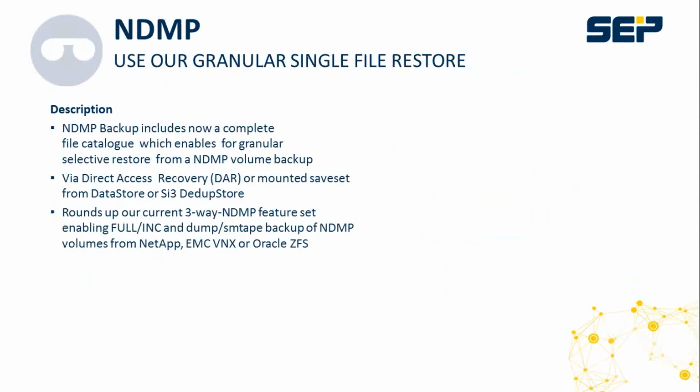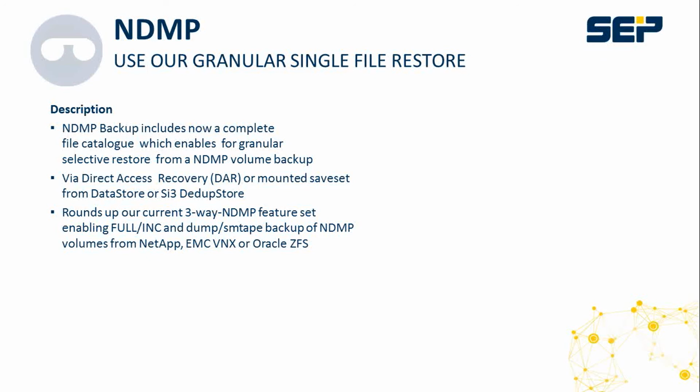Talking about NDMP, of course, SEP sesam was able to use NDMP. In the first release, it was only possible to do a full backup of NDMP streams. And you know, that's kind of a hassle, because in case of a restore, you always have to restore the full NDMP volume of a storage array.